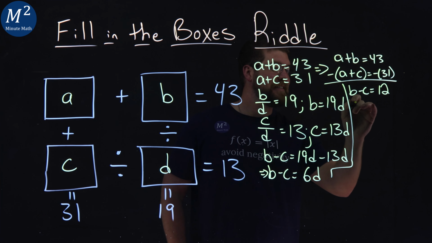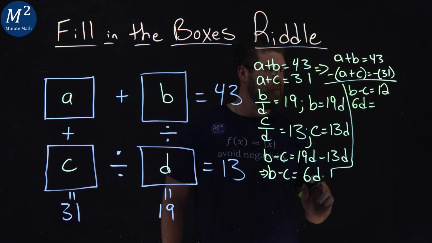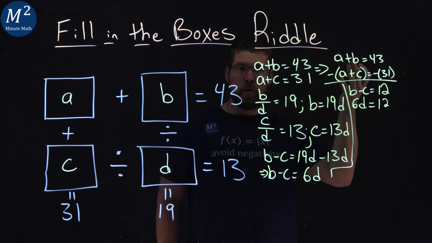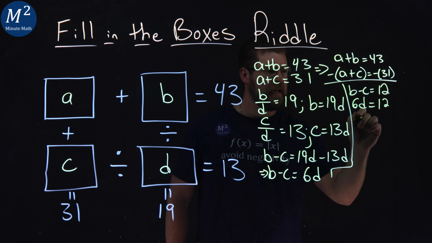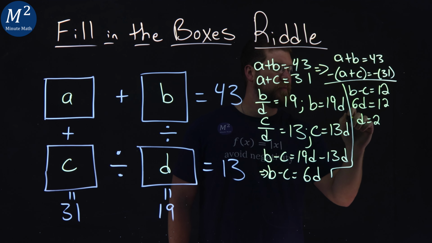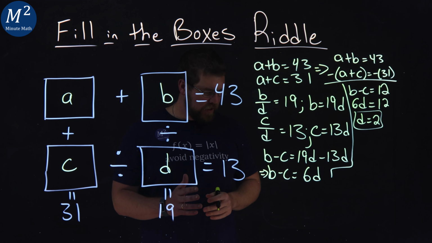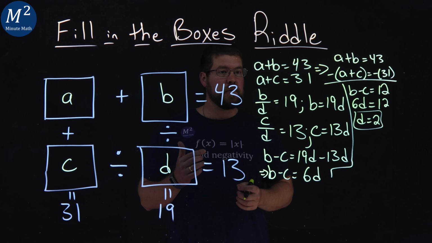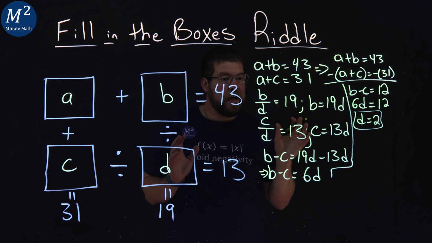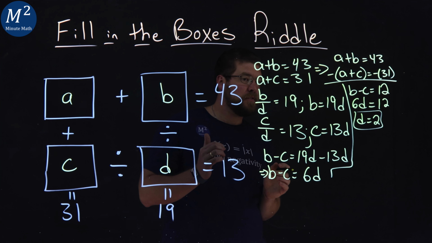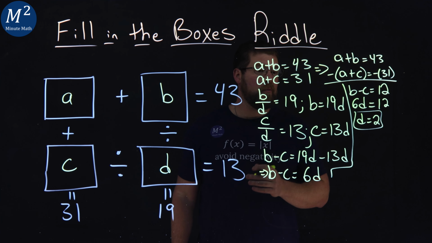So that means 6D is also equal to 12. Dividing both sides by 6, D is equal to 2. So we have our first value here, D is equal to 2. So now what we can do is apply that knowledge to some other equations that we have and solve for the values that we need.